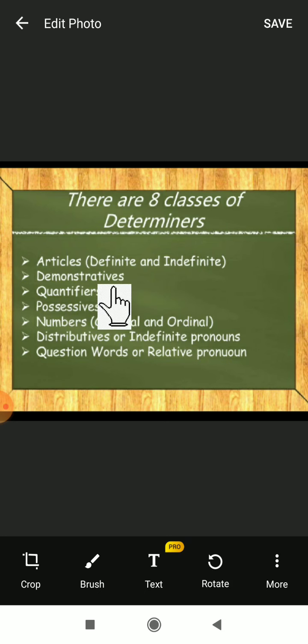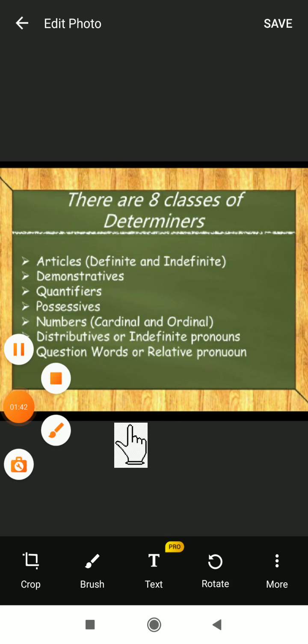Second one demonstrative, then quantifier, then possessives, even numbers, that number should be cardinal or ordinal, even distributive or indefinite pronouns, or even question words or relative pronouns. So for our syllabus there should be only article, demonstrative, quantifier, possessive and number. Okay, let's see one by one.